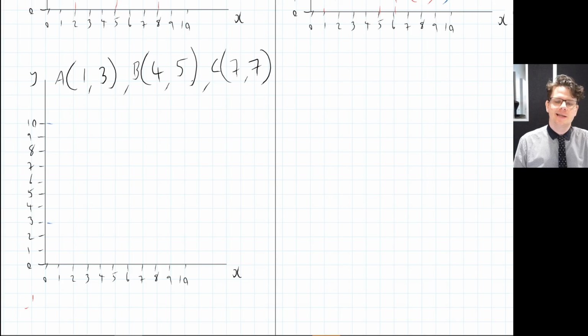So let's actually have a go and do that. Alrighty, well let's do 1, 3 first. So 1 across, 3 up. That's A. Let's do B, 4 across, 5 up.